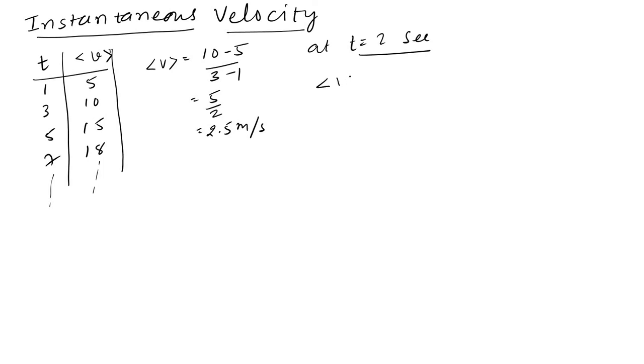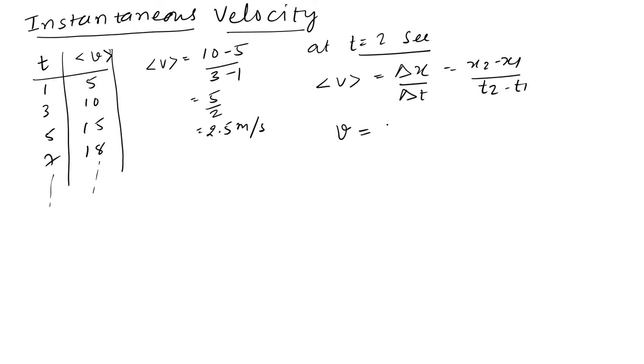So we know average velocity is a ratio of delta x, which is nothing but the change in position, divided by delta t, which is nothing but the time interval. If I want to find instantaneous velocity, then I have to reduce this time interval to such a tiny value.